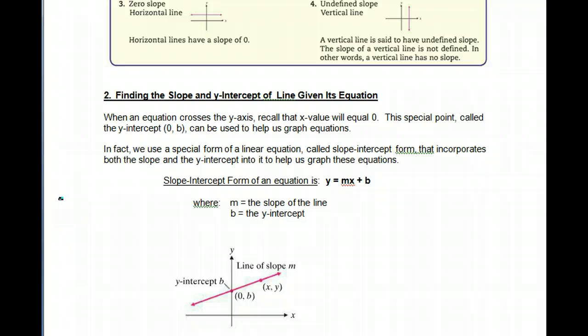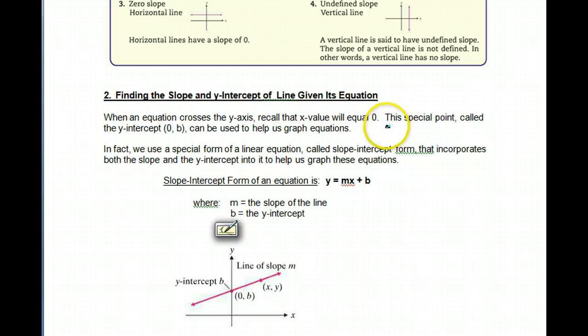Now, part 2 is finding the slope and y-intercept of a line given its equation. So we're now going to move on to our next objective. Finding the slope and what's called the y-intercept is extremely useful to us when we want to graph a line. When an equation crosses the y-axis, I need you guys to recall from the last lesson that the x value is going to be 0.